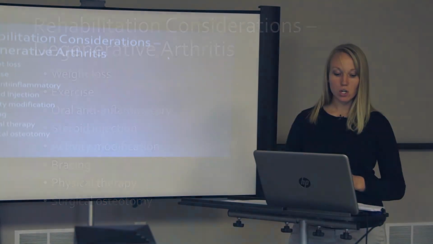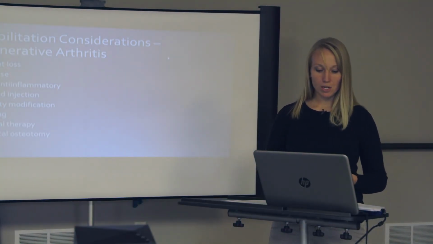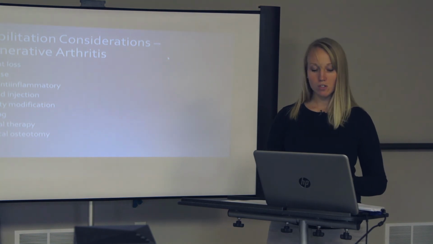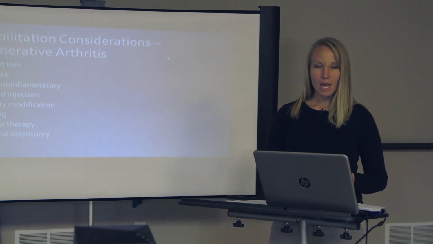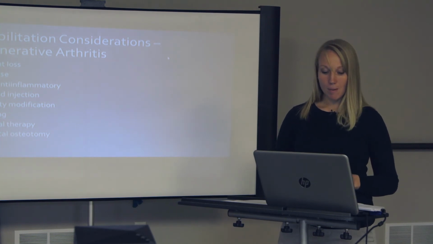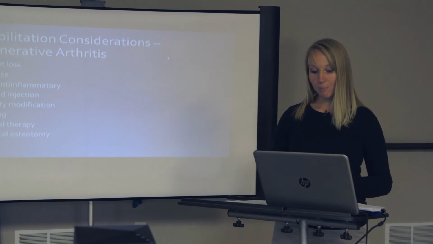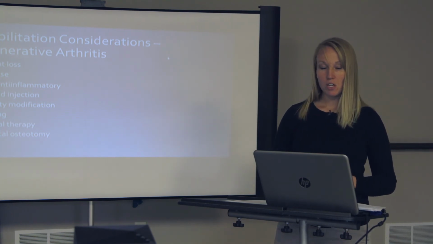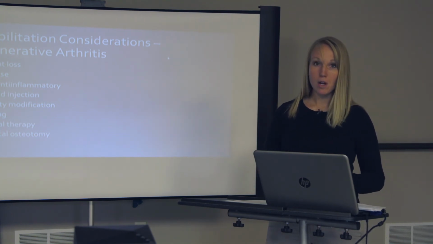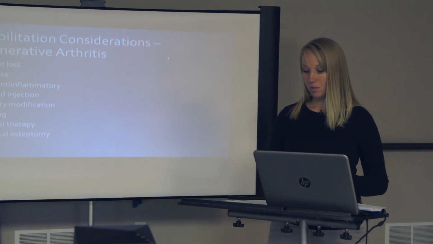It's important to note that quad weakness is considered the strongest single predictor of functional limitations in patients with osteoarthritis, and pre-op quad strength is predictive of the functional ability in the patient up to 1 year status post total knee. So if you're managing these patients, whether it be pre-operatively or non-operatively, quad strength again is of the utmost importance.